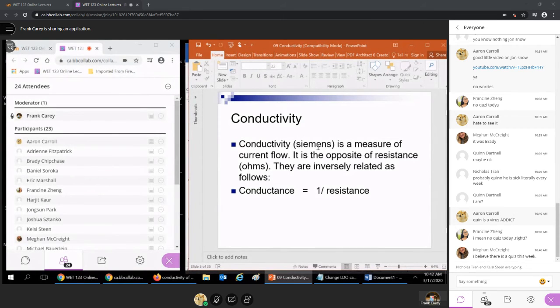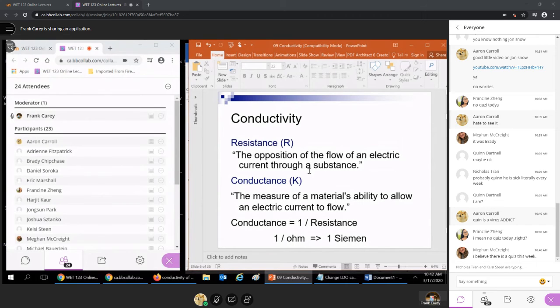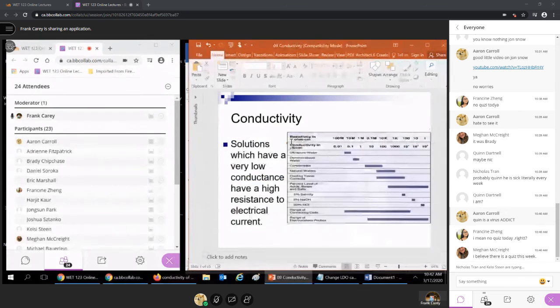Conductivity, as I mentioned, is measured in Siemens, and conductance is 1 over resistance. So it's nice and simple. Resistance is the opposition of flow of electrons, and therefore conductance, which is the reciprocal of resistance, becomes the measurement of the substance's ability to allow electrons to flow.